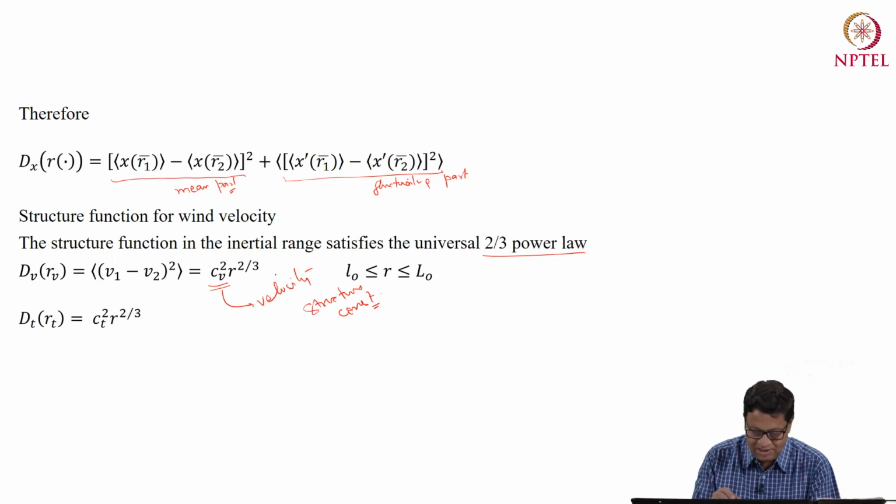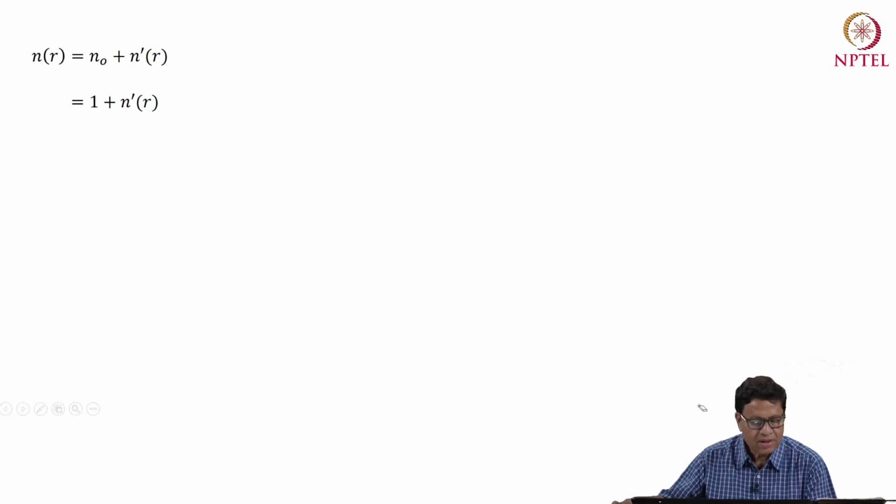This is for velocity, and this is for temperature. Similarly, the refractive index is also changing from one position to another. Let us assume that it has two parts: one is the constant part, which we will take as 1 for air, and then n dash, which is the fluctuating part. So this is 1 plus n dash(r).